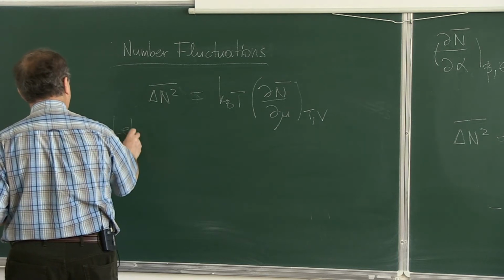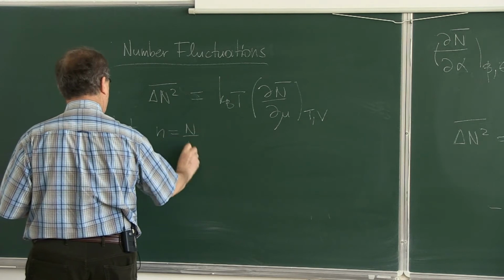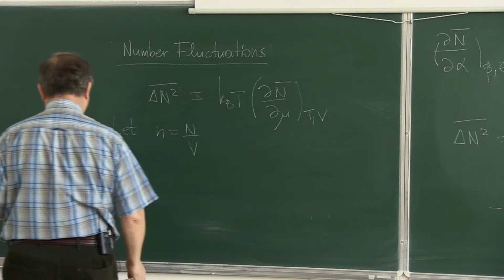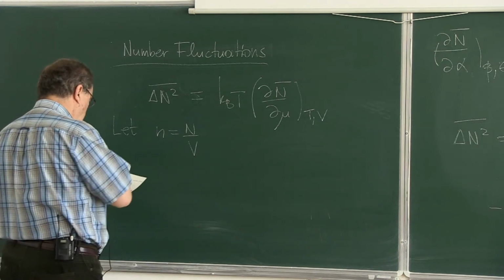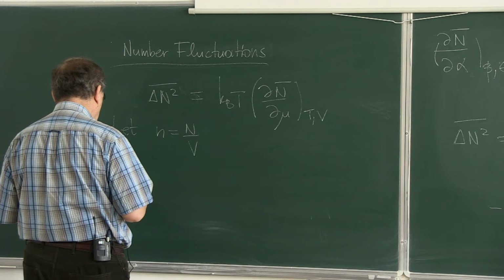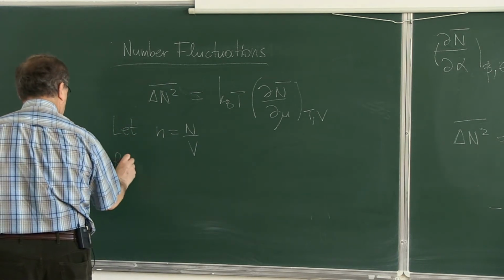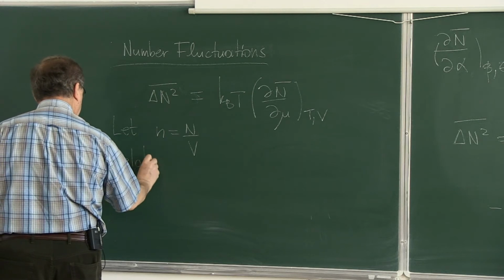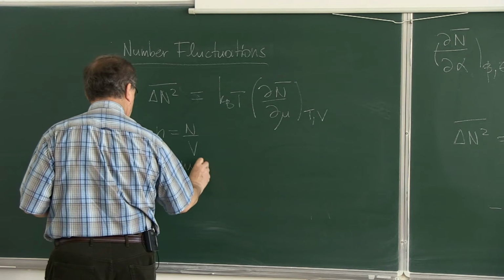Now let's consider again quantities per particle. This is N over V, the number of particles per unit volume, density, if you like, number density, and let's look at the relative mean square fluctuation.